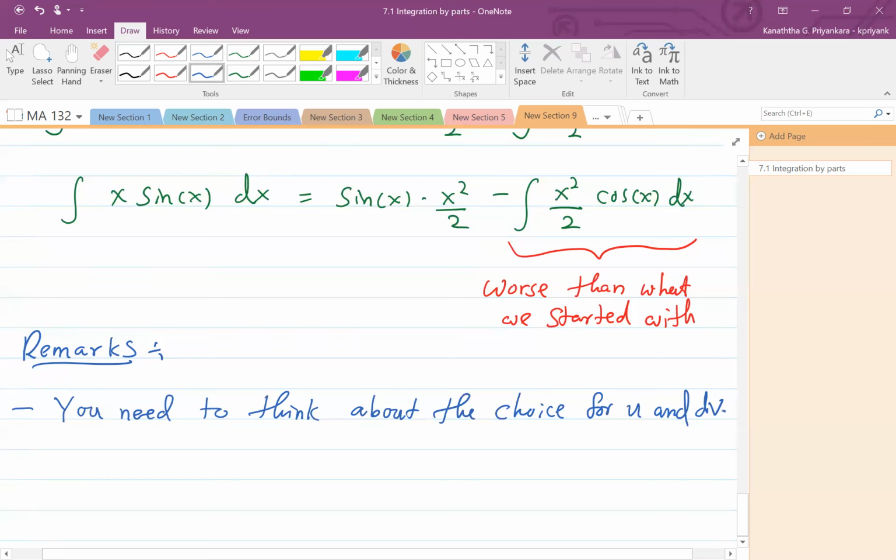The second remark, you need to think about how you choose dv. It must be something you can integrate. If you choose dv as something that you cannot integrate, then that will not work. So dv must be something you can integrate.